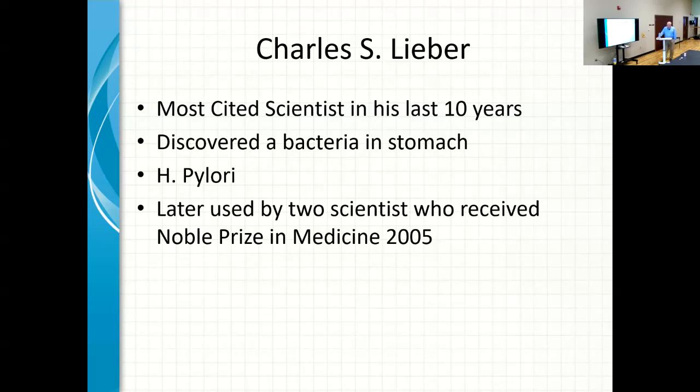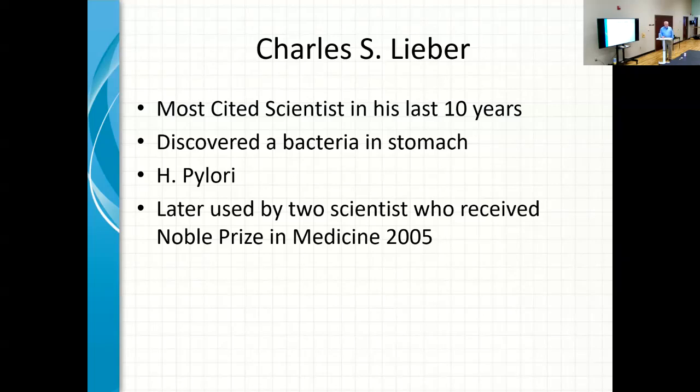One of his discoveries in the early years was that there was a bacteria in the stomach. And again, it went counter to what the medical profession thought was true, that bacteria wouldn't survive stomach acids, that there were no bacteria in the stomach. And it's called H. pylori.